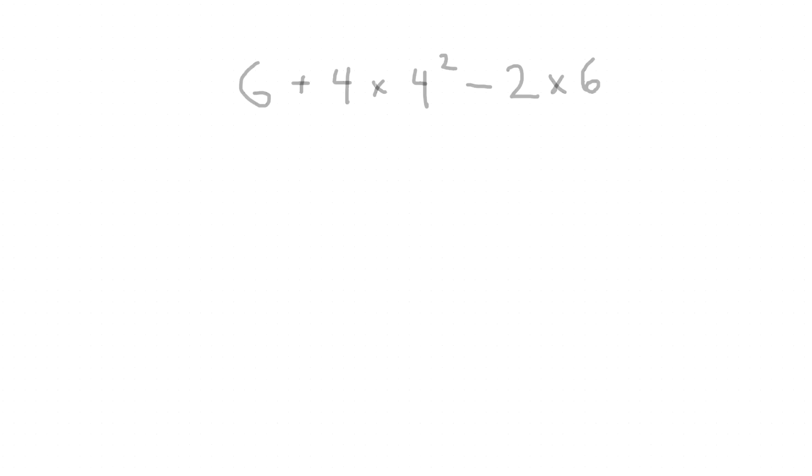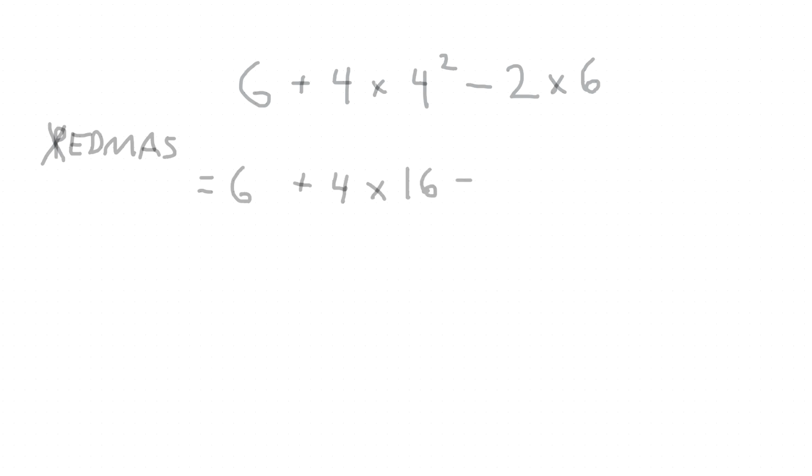The exponents. Yeah, do the exponents first. Cross out the P. We have an exponent there. 4 times 4 is 16. Yep. 6 plus 4 times 16 minus 2 times 6.